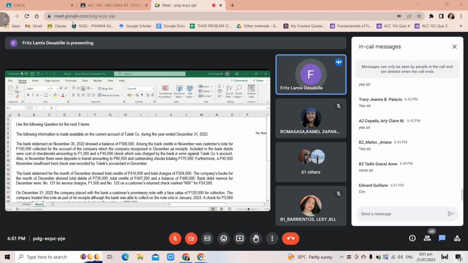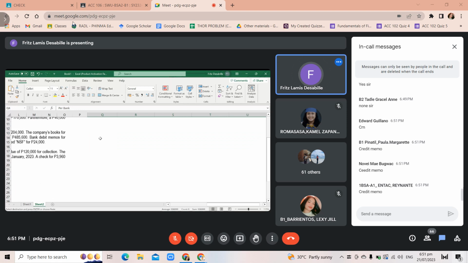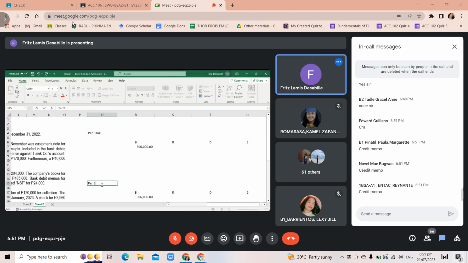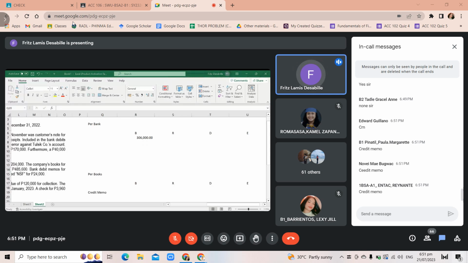A credit memo. So credit memo, which is what? A book recon item. So asa man siya nato, kung mag-book recon item siya, I'm gonna be making another proof of cash for per books, ha? Para ka mabutang, per books. So it's a credit memo.